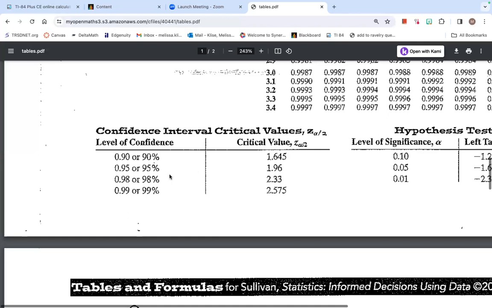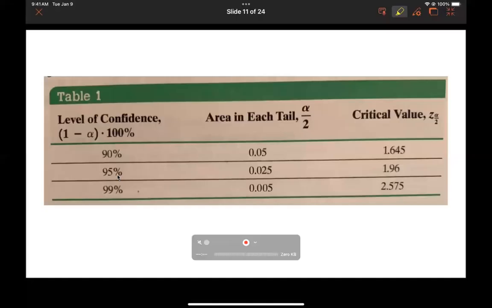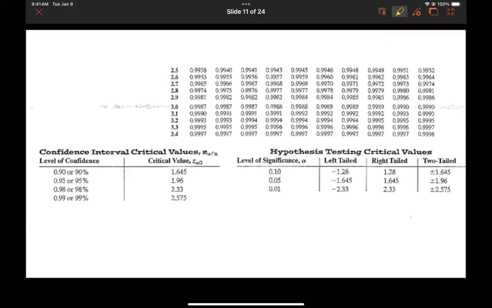At the bottom of your Z table, the front of that Z and T table, it gives you your most common ones. If I had something different, I would use inverse norm, and I'm going to show you that when we do our calculations. Hey, look, it's right there. I didn't even need that open.